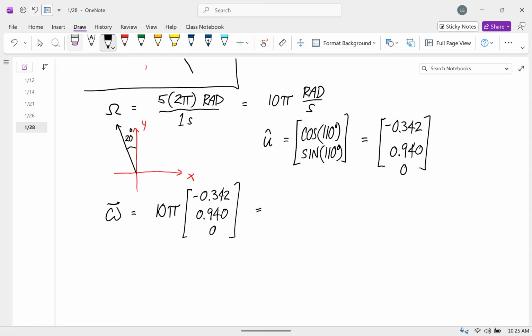I'll just give this to you in a decimal. And you get negative 10.74, 29.530. And this is in radians per second.